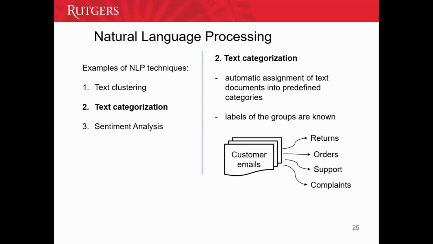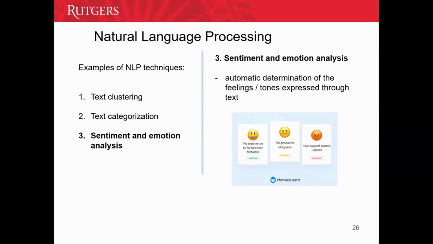So for example, if you receive customer emails and you want them to immediately be sent to the goods returns department, or the orders department, or the support department, or the complaints department, you can use this natural language processing technique to analyze these emails or documents and send them out to their respective departments. So this is a very automated way of being able to sort, analyze, and categorize documents.